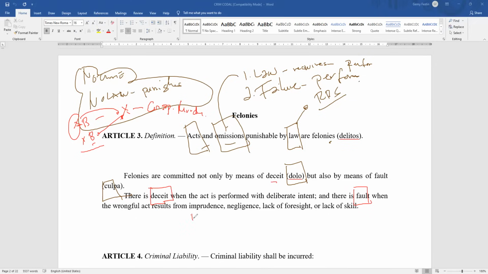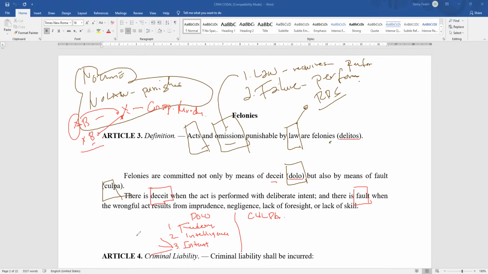So we have dolo, we have culpa. Common elements are freedom, intelligence, and third, intent. When you talk about intent, what do you mean?